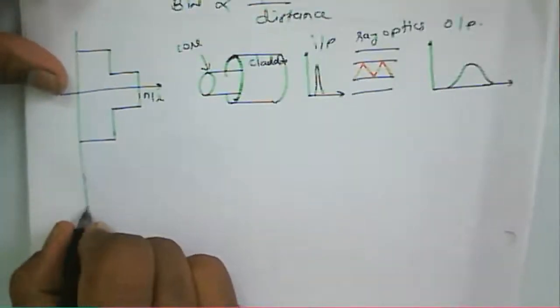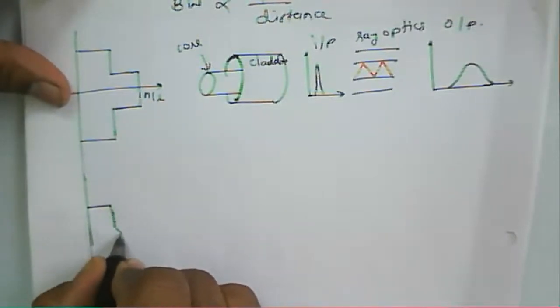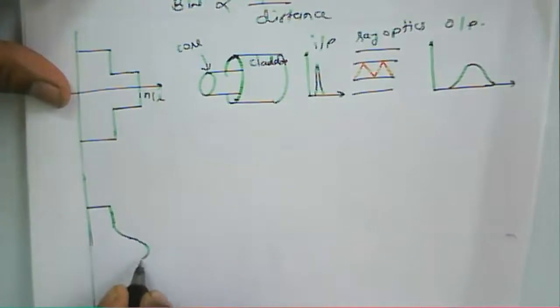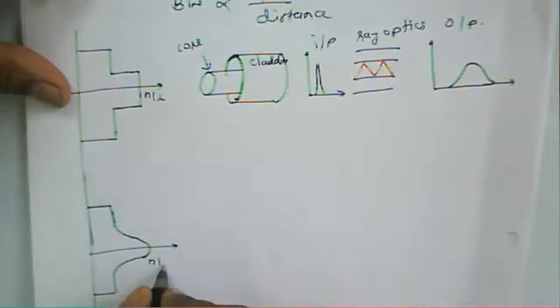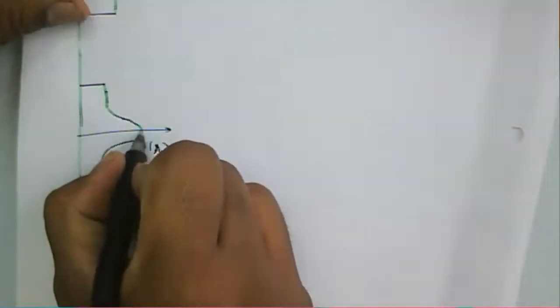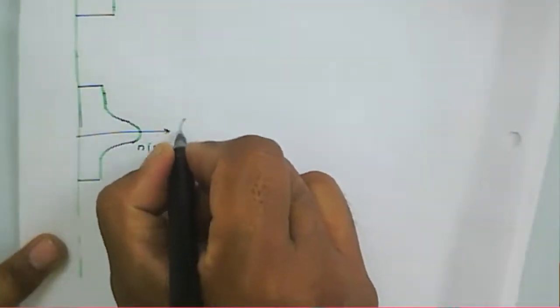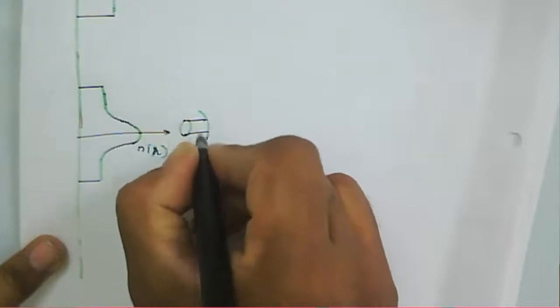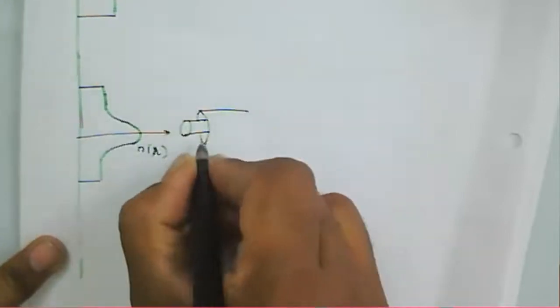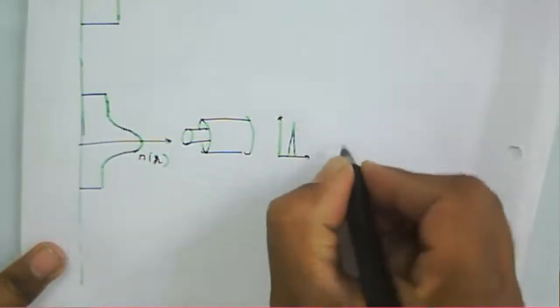But in the case of a gradient index fiber, the profile will be parabolic. This is n of r, where r changes gradually. At the center the index is maximum, and then it decreases with the radial distance. Same fiber: this is the core, this is the cladding, and this is the input pulse.